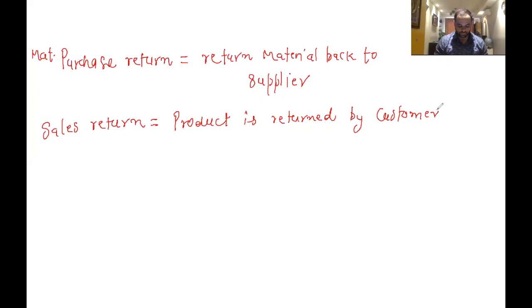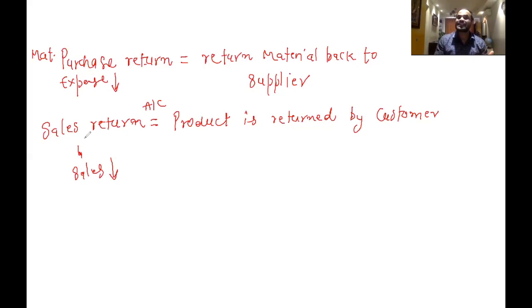What are the natures of these two accounts, the material purchase return account and the sales return account? They are just accounts. So what is the nature? Sales return means your sales will reduce, income reduces. Purchase return means your expense reduces, because you returned it, you didn't buy it, you didn't keep it, so no expense.